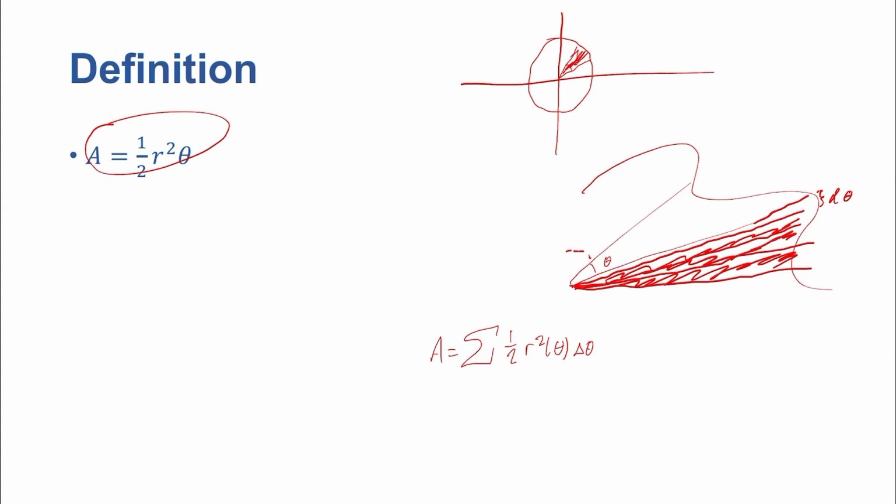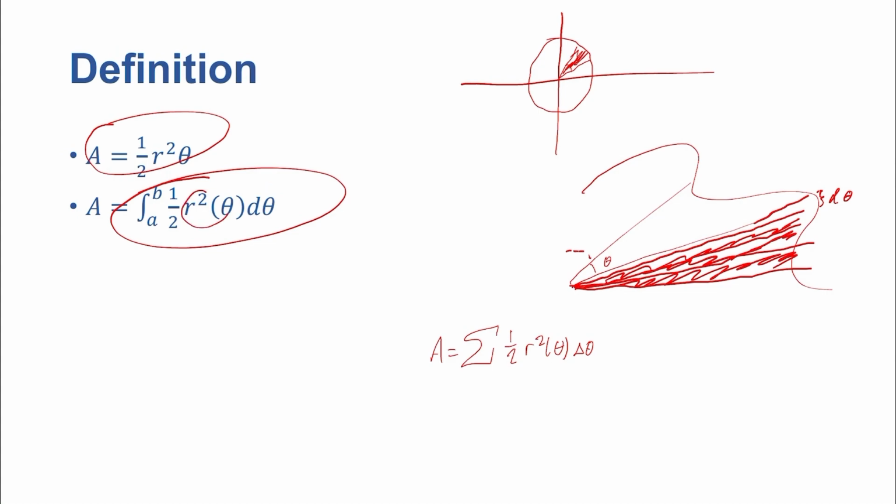I could index this, but I can't be bothered. And so we can transform this into an integral by taking the limit. We get the integral between a and b, some starting angle and some ending angle, of 1/2 r squared of theta d theta. Now this equation isn't super tricky. It's just applying it that we need to work on. Obviously, it's going to involve a lot of trickiness, but I think that will be fine for us. Let's try a couple of examples.